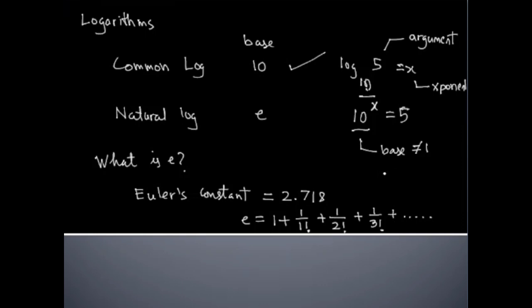Now, one question that you can ask is why can't the base be equal to 1? Assume I give you a question, log base 1 of 5 equals y. Can you write 1 raised to the power y is 5? Is it possible?